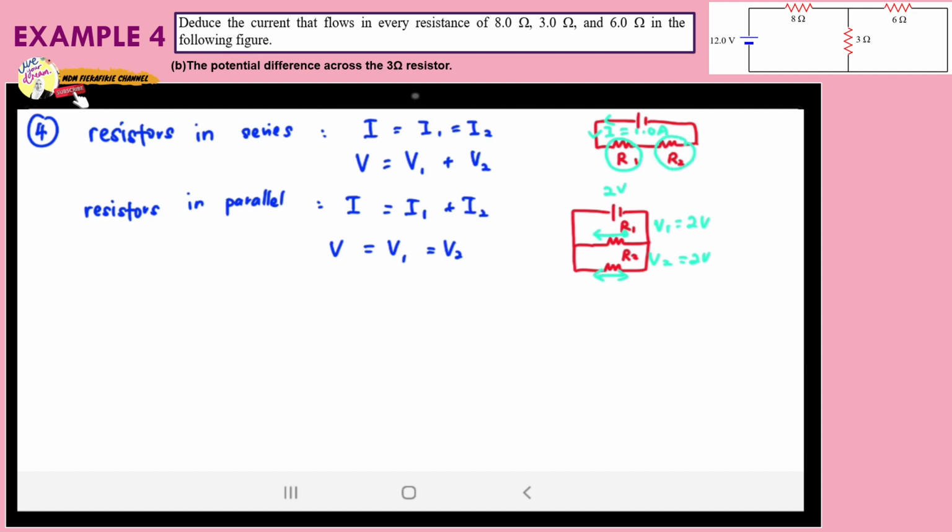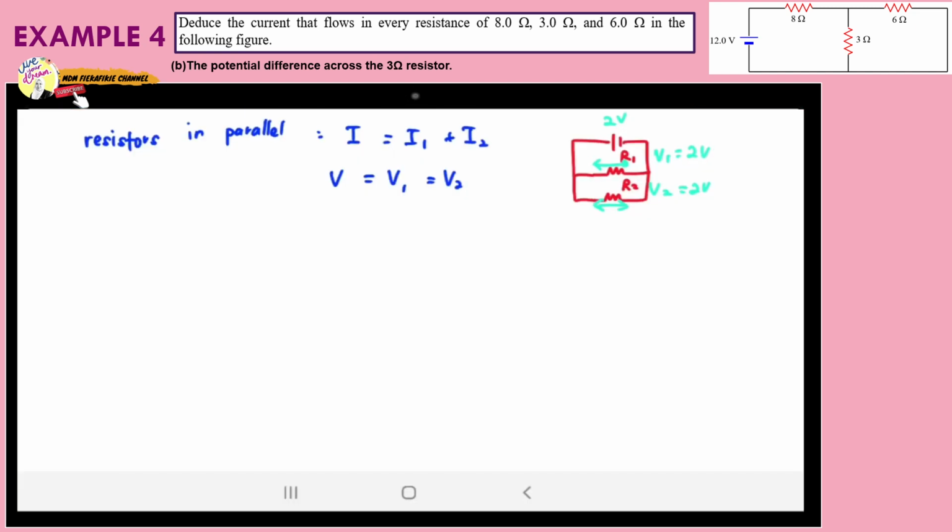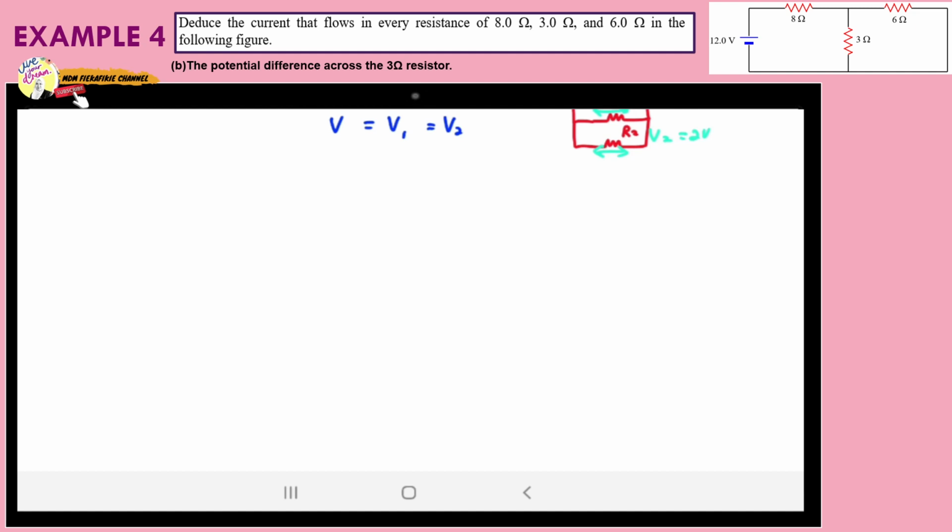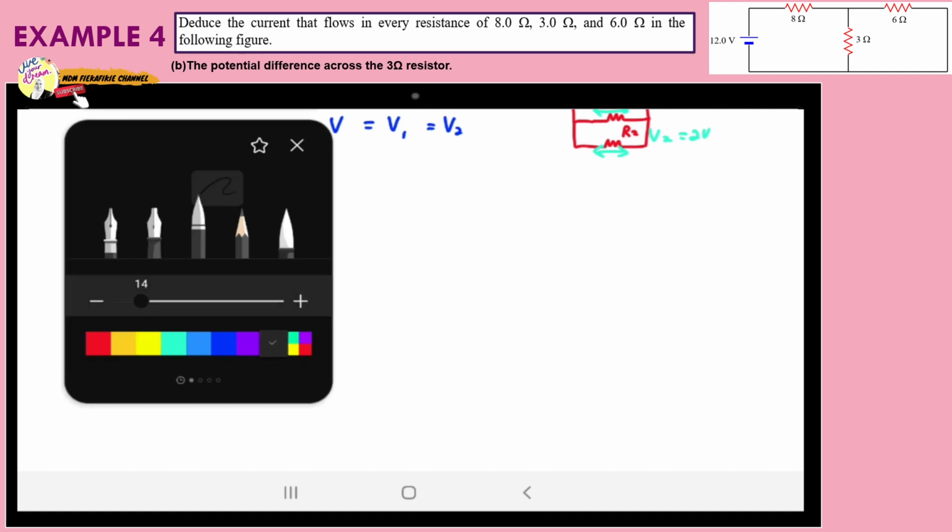Okay, so let's try to solve example number 4. Deduce the current that flows in every resistance of 8 ohm, 3 ohm and 6 ohm in the following figure. And then calculate the potential difference across the 3 ohm resistor. Okay, so let's draw the circuit first.